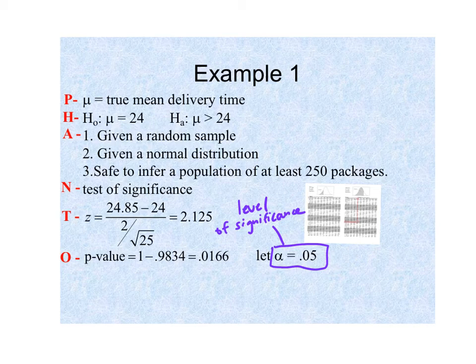And having that level, it's kind of my comparison value. By default, my level of significance is 5%, unless it's stated in the problem what the level was going to be. Like in number 3 on your assignment.